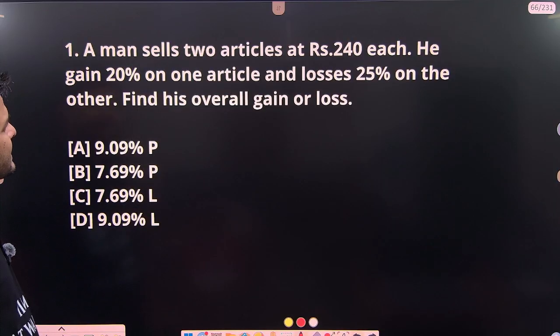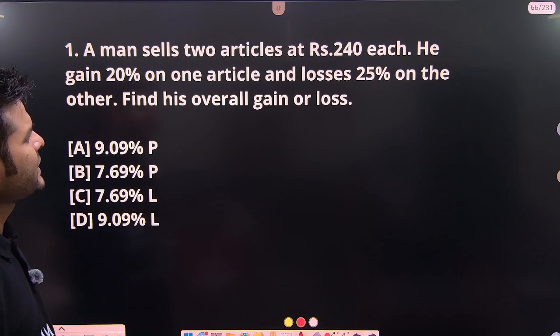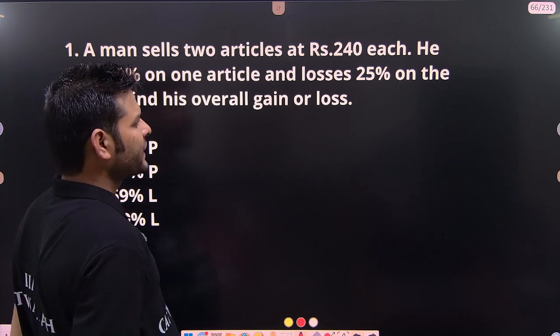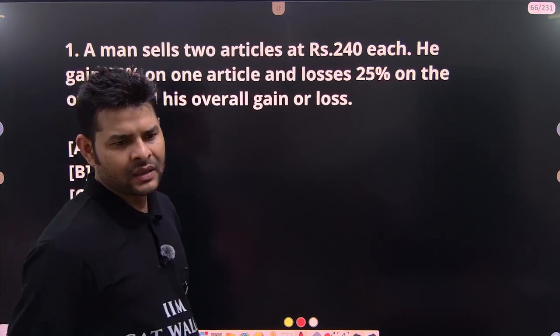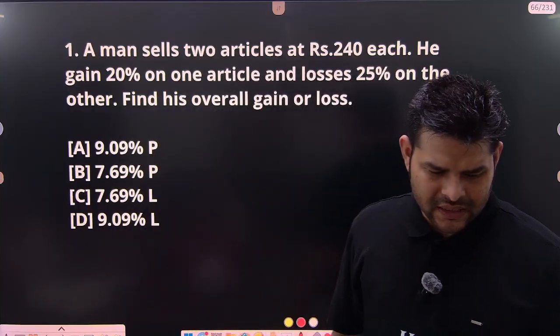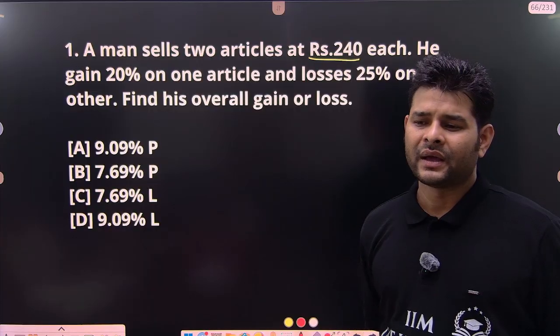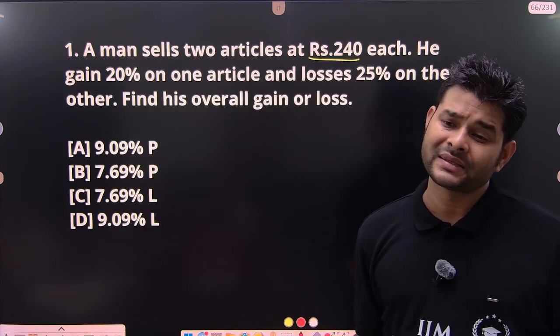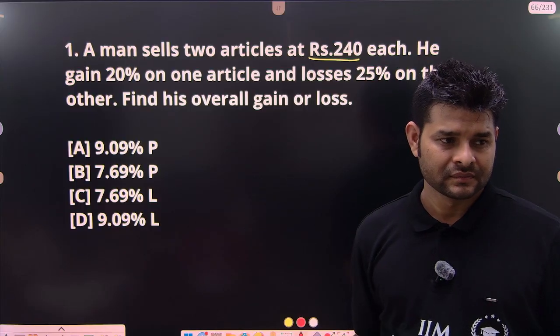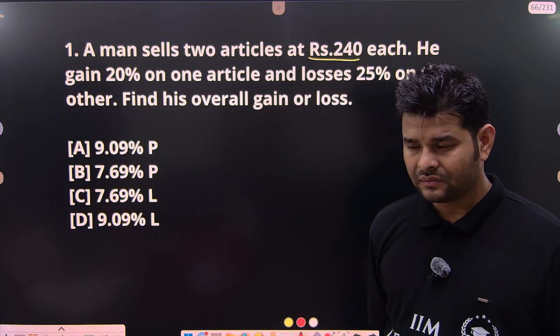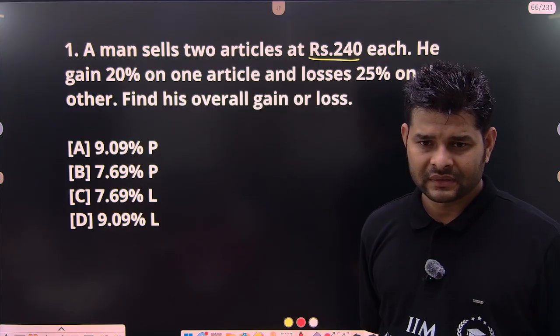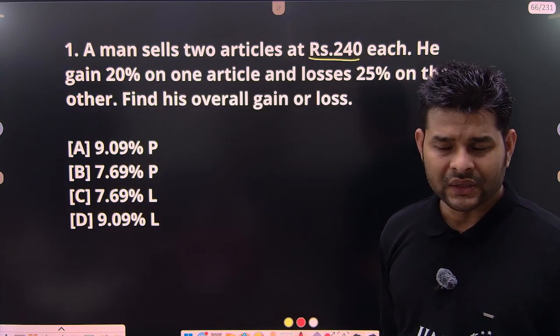A man sells two articles at rupees 240 each. Guys, 240 each means the examiner just wants to say that the SP of both the articles is the same. But he didn't say it directly. He said it indirectly.